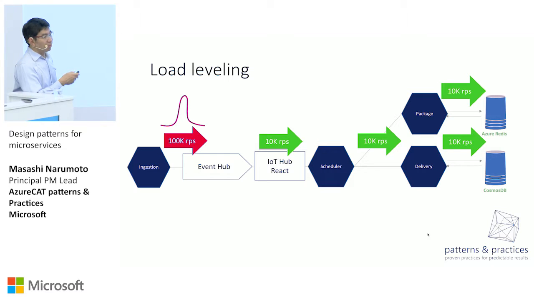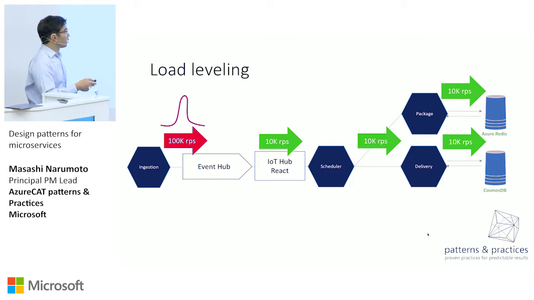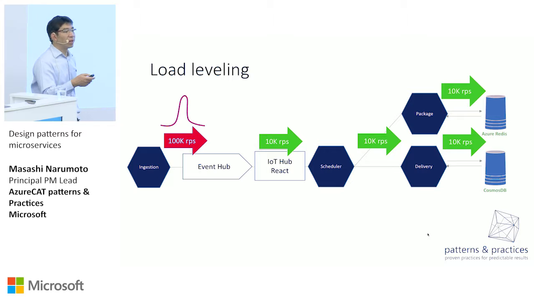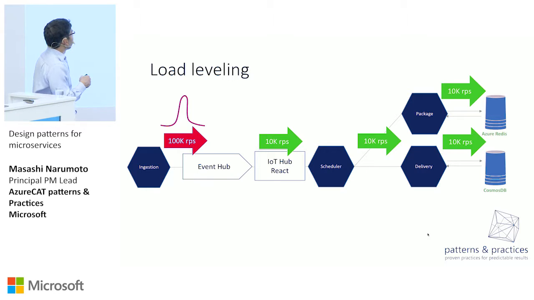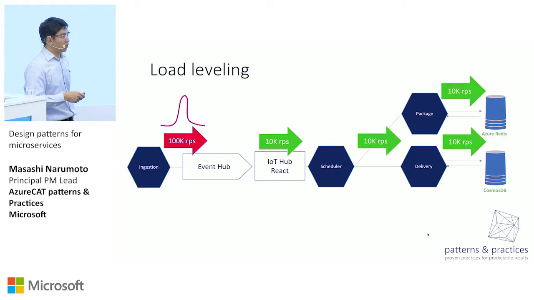Okay, this is how load leveling works, but it may be more difficult than it looks, because just using a queue is not enough. If you put messages into the queue as fast as you can and get the messages out of the queue as fast as you can, you don't reduce the pace, right? 100K going in, 100K going out. There's no load leveling. You have to control the pace of processing somehow.